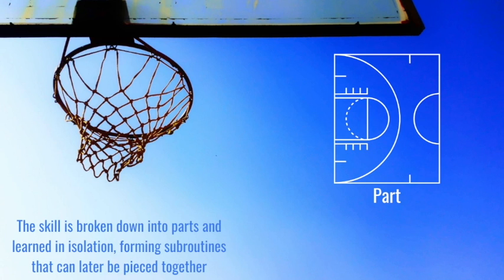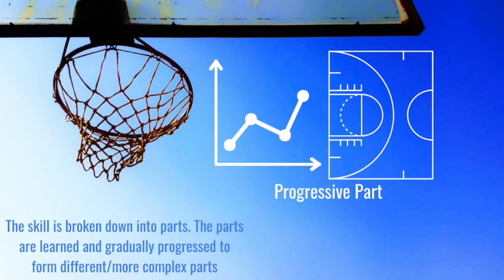combinations. So we have progressive part, and the idea with progressive part is to start with part of a skill. So let's say the ball is on the floor and you're passing over 5 yards in soccer, in football, between you and a teammate, inside of your foot. We can progress that. We can use the outside of our foot. We can progress it further distance between us passing.